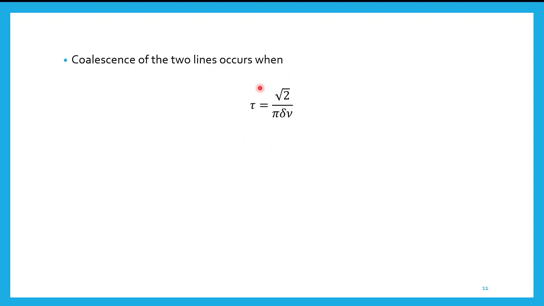Okay, so in the chemical exchange process, the time it takes for two environments to coalesce into a single line occurs at this time.